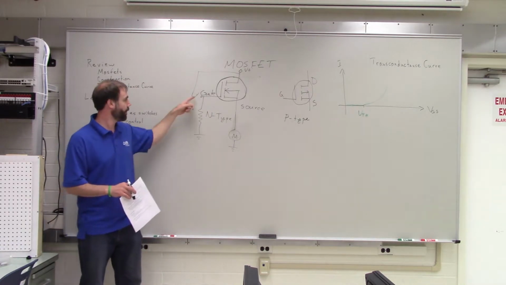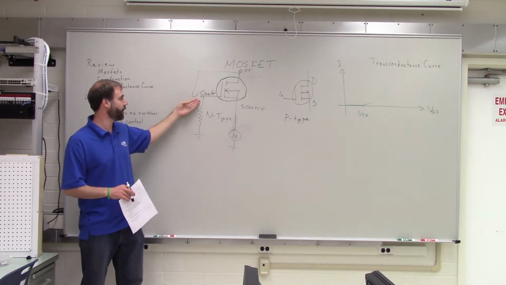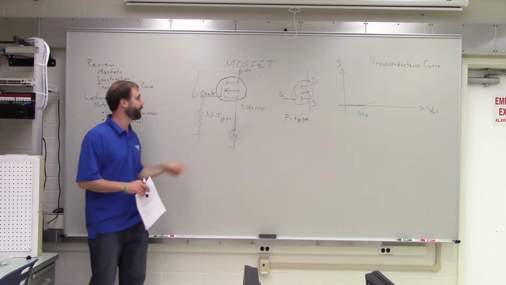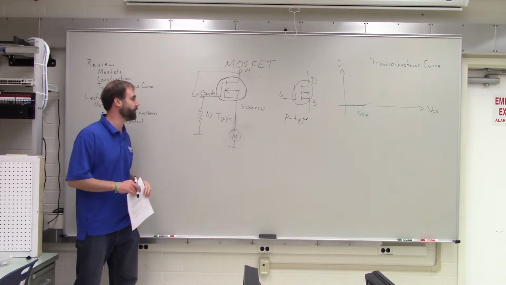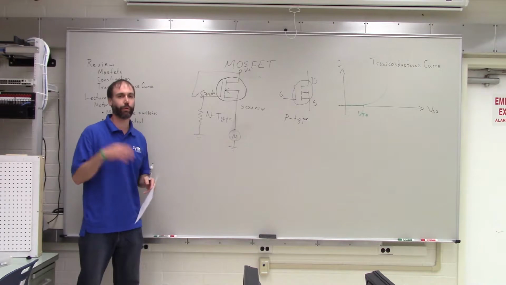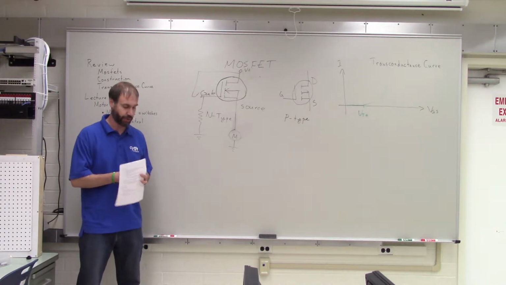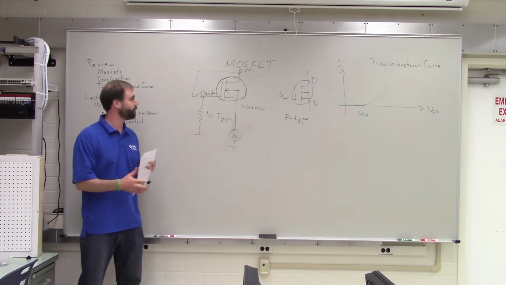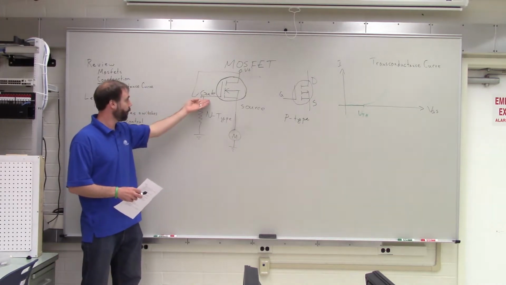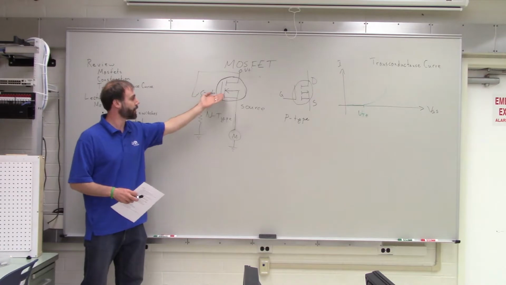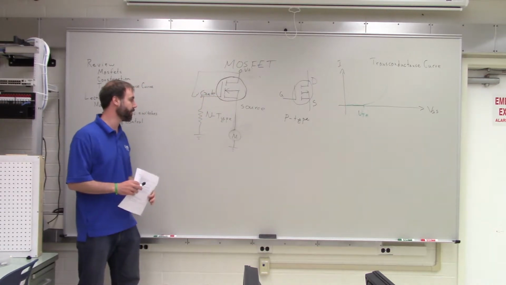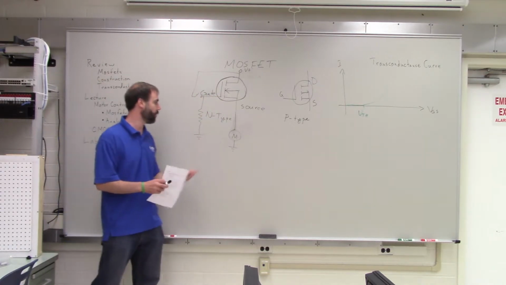And we could do this with a switch like we've shown here, or we could also do it if we just hook the gate straight to a little microcontroller, and that microcontroller put out high or low voltage pulses, right? So we can turn the MOSFET completely on or completely off. So that's a good way to control a motor.